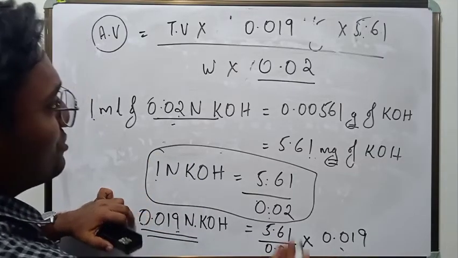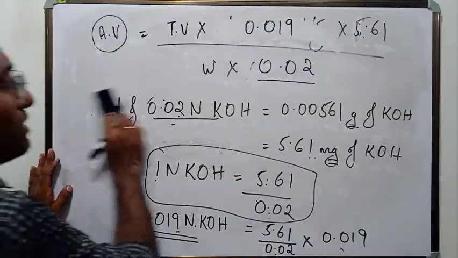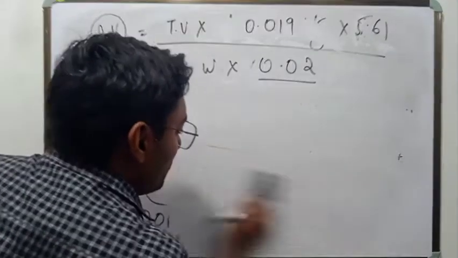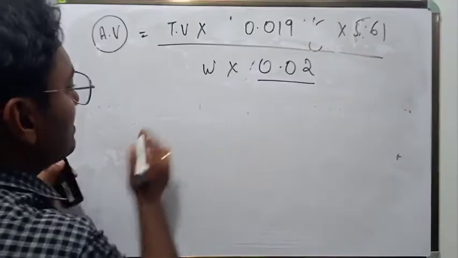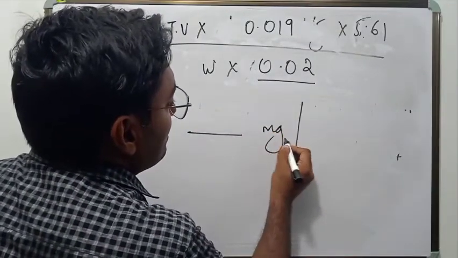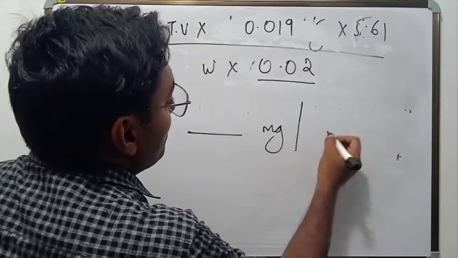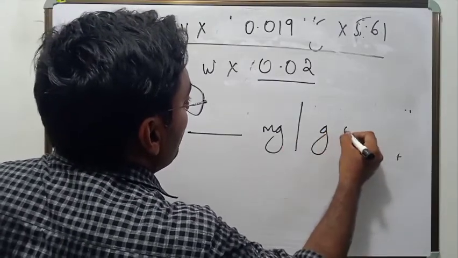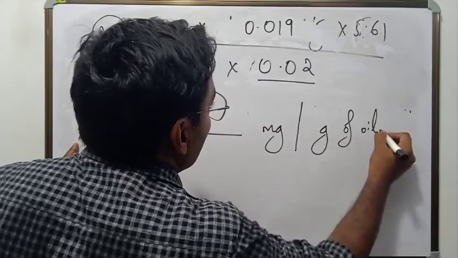In this way you can determine acid value. The final unit of acid value is milligram of KOH that has neutralized free fatty acids in 1 gram of oil or fat.